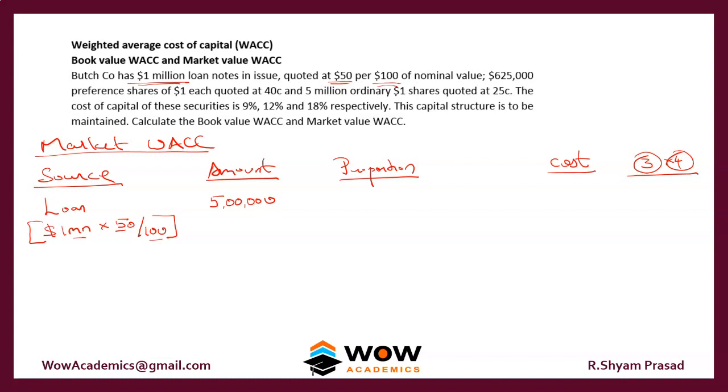The next one is preference shares. Preference shares are 6,25,000 worth, but that is nominal value because each was $1, but it's traded at 40 cents. So the value is 6,25,000, but this is a nominal value, and we don't need nominal value.